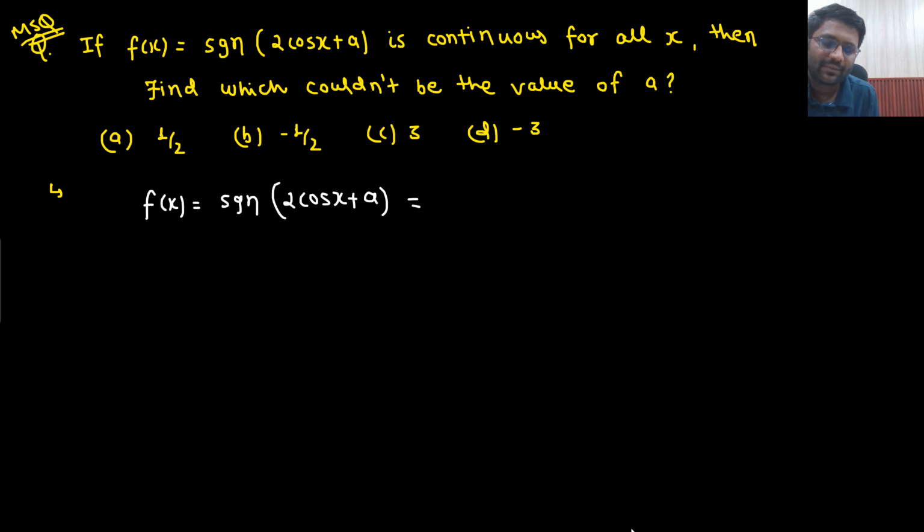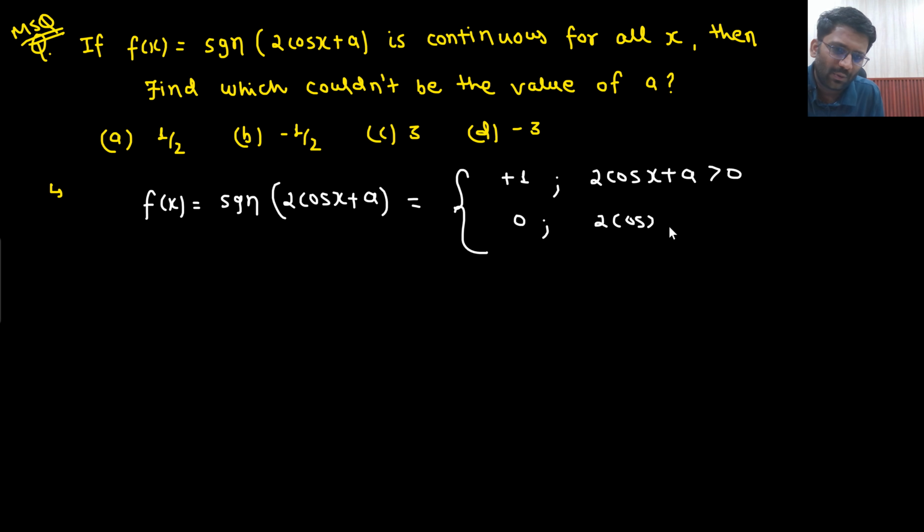How will it be defined? It will be equal to plus 1 if 2 cos x plus a is greater than 0, equal to 0 if 2 cos x plus a equals 0, and equal to minus 1 if 2 cos x plus a is less than 0.